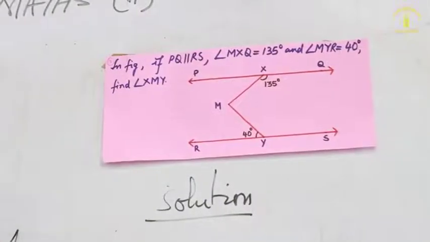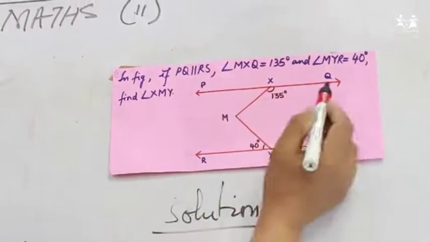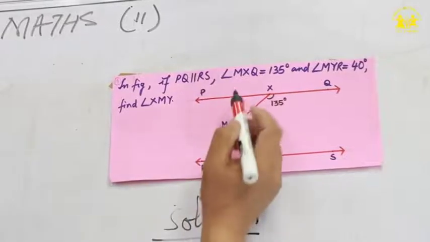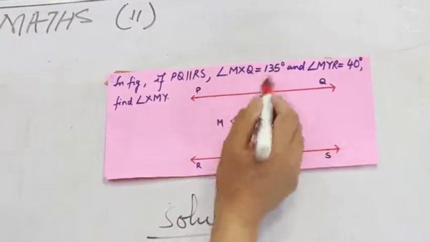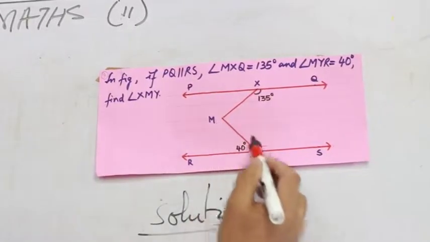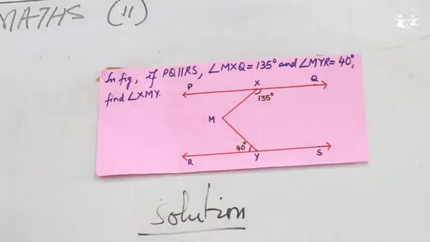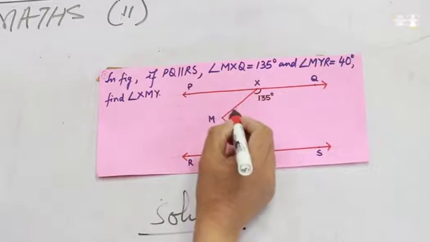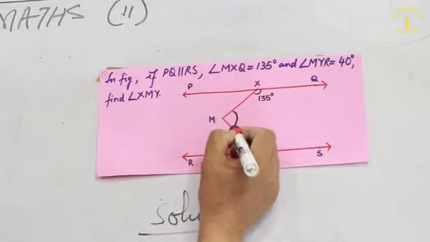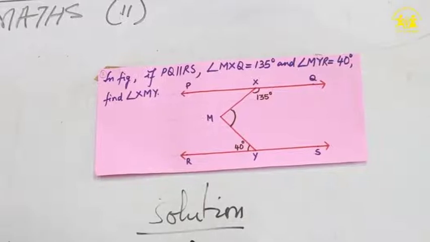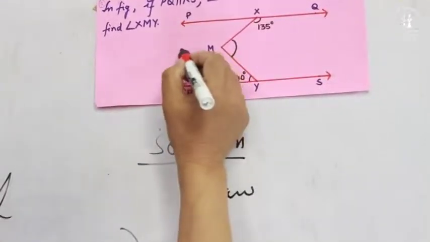In the second question, you are given that PQ is parallel to RS, angle MXQ is equal to 135 degrees, and angle MYR is equal to 40 degrees. We have to find angle XMY, this angle. So for this, we'll try to construct a line.